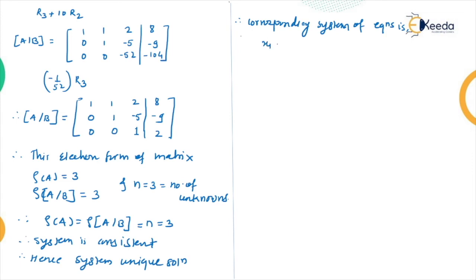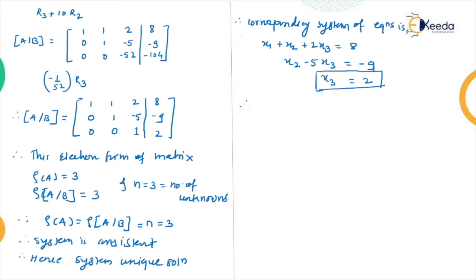So this gives x1 plus x2 plus twice x3 is equal to 8. In the second row the x1 coefficient is 0, therefore it is simply x2 minus 5 x3 is equal to minus 9, and lastly 1 into x3 becomes x3, that is equal to 2. So clearly you are getting the value of x3 is equal to 2.